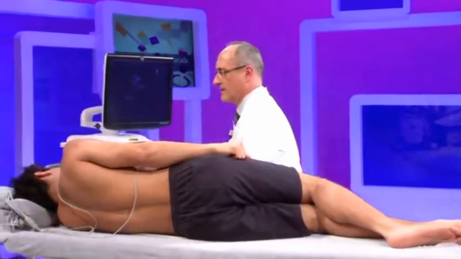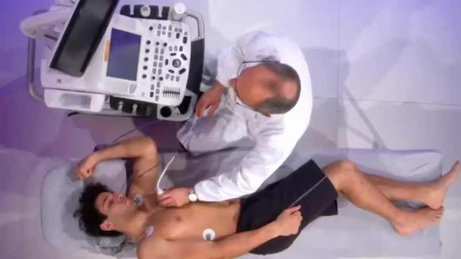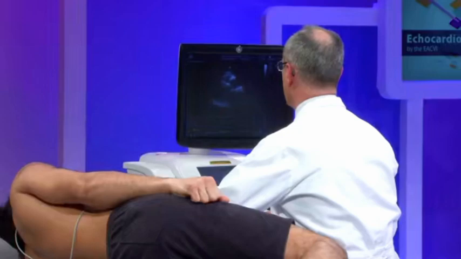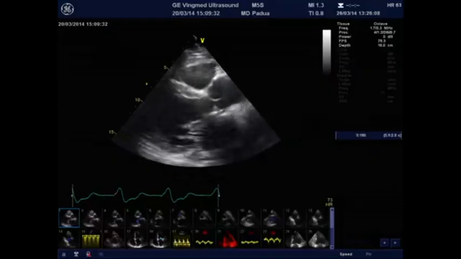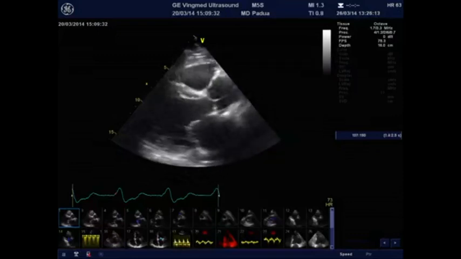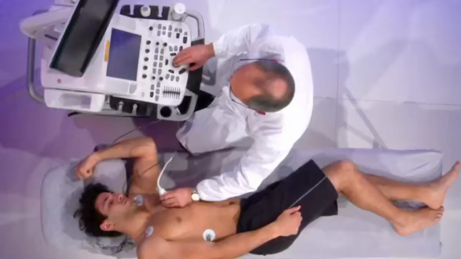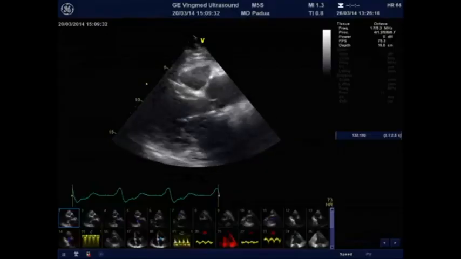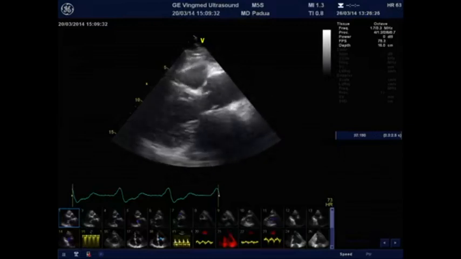Usually I start with the long axis view, and from this view I try to get an overall impression of the left ventricular function, but also, very important, to look at the presence of a pericardial effusion, at the thickness of the interventricular septum and the inferolateral wall.